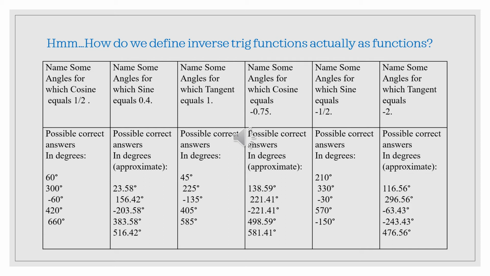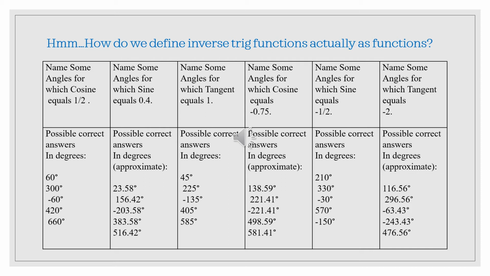We sometimes want to use all of these answers, but if we were actually going to define inverse cosine, inverse sine, inverse tangent as a function, we need to have a decision on what is going to be the one output. Remember, the definition of a function is you give me an input, I follow some rule, and I give you only one answer.